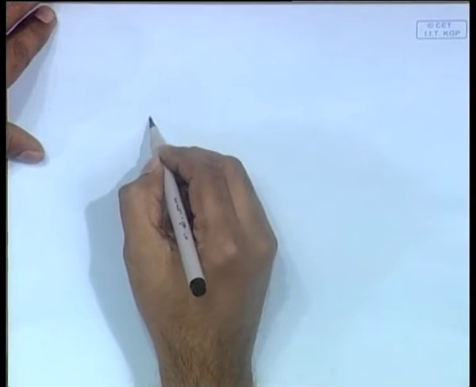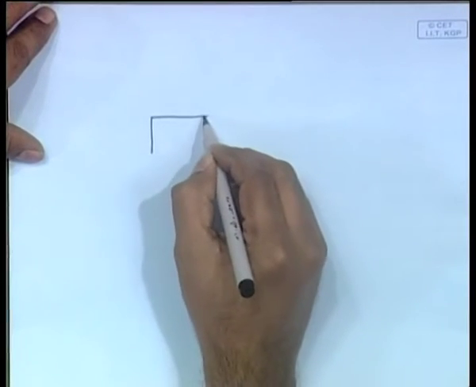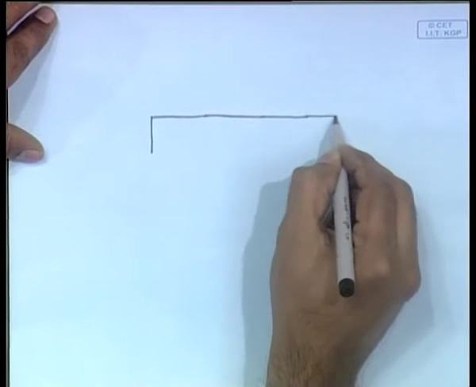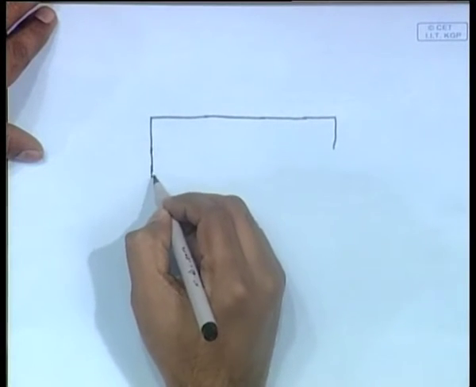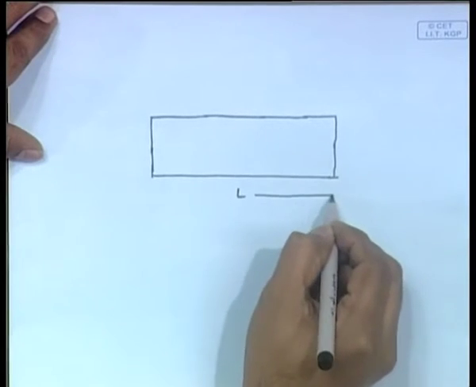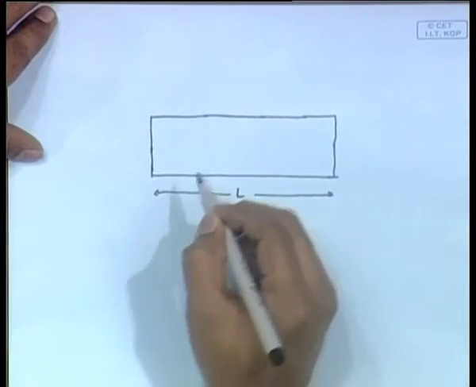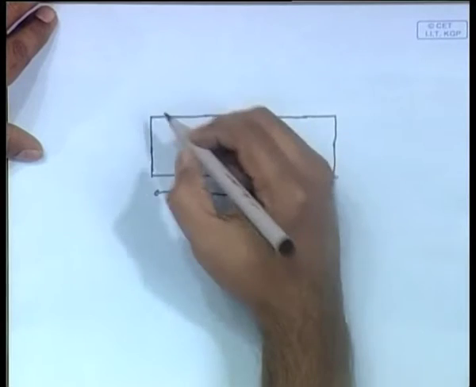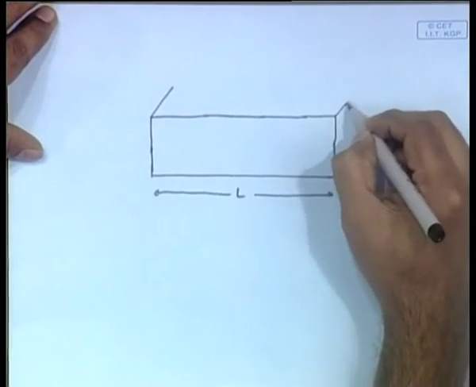The problem that we are going to consider is that of a box shaped barge. We have already discussed box shaped barges. You have to draw it, would be more like this. If you assume that this is the length, I hope I can draw it like this.